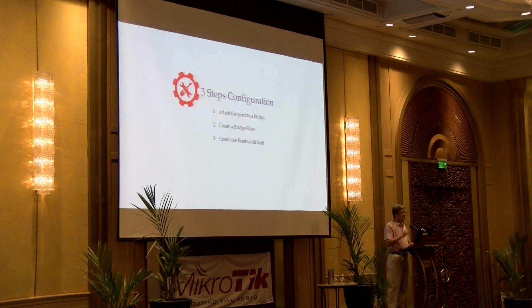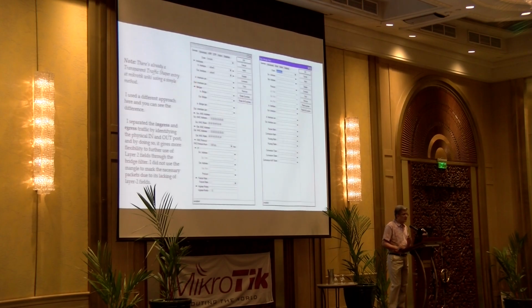Now, there are only 3 steps. Attach the port to the bridge, create a bridge filter, and create the bandwidth limit. All right? Again, there's already a transparent traffic shaper entry at the Mikrotik Wiki. So you just search it and you'll find it.